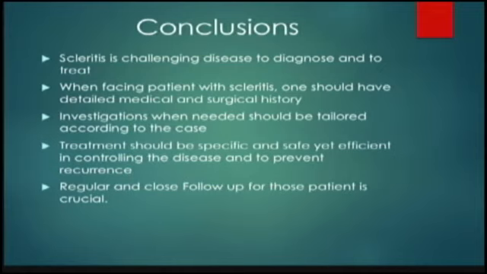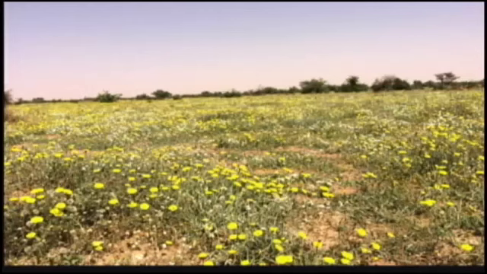So don't be hesitant in initiating immunosuppression. And if you are afraid of the side effects or the dose, you can seek the help of the internist, and they will help you with this. But don't be hesitant to start this medication, because these are important treatments for the eye and for the patient himself. And keep in mind, regular and close follow-up for those patients is crucial.